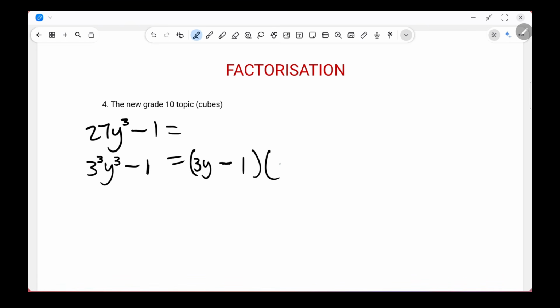Open the big bracket, we square 3y, which equals 9y squared.